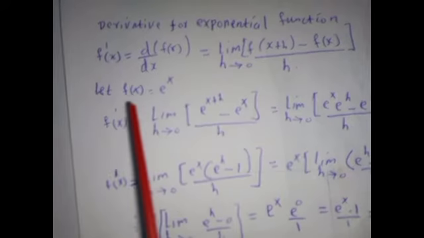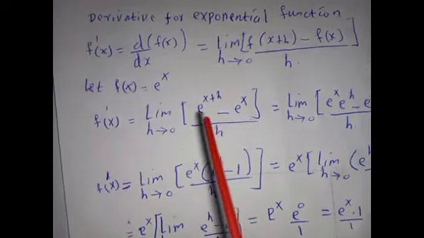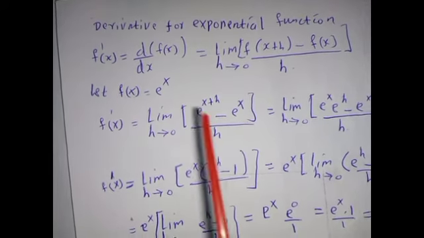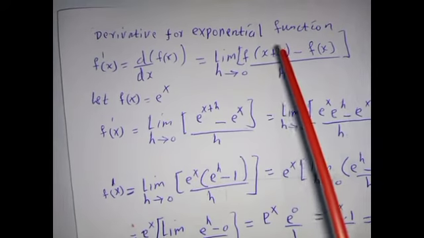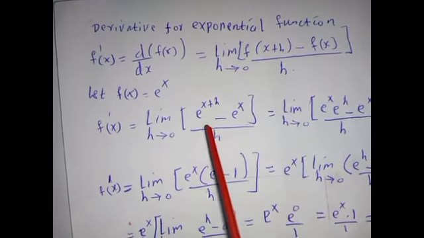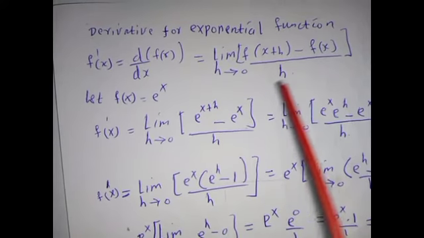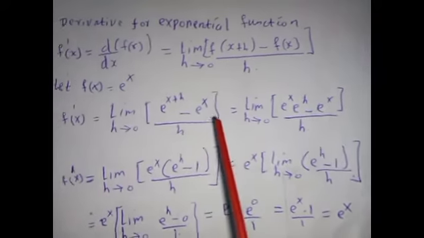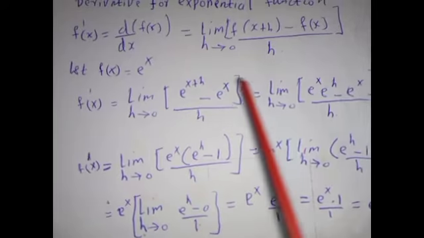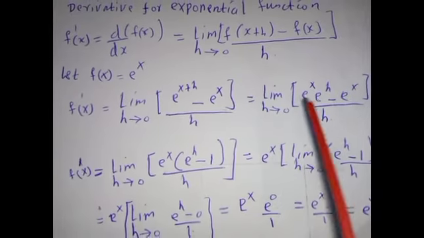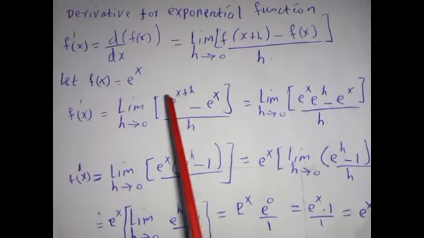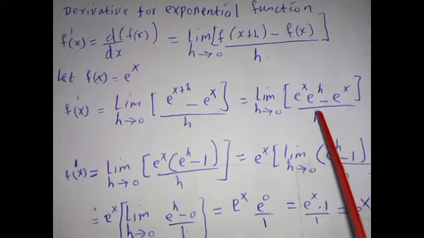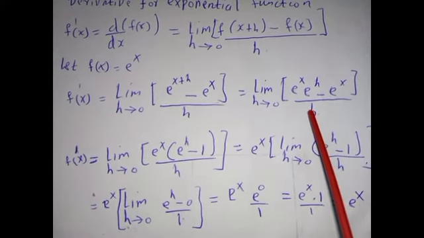So the derivative of this function will be given by the limit as h tends to 0 of e^(x+h) minus the function, which is e^x, over h. Then, using the property of indices, or the property of algebra, this part can be separated. e^(x+h) is the same as e^x multiplied by e^h, minus e^x, over h.